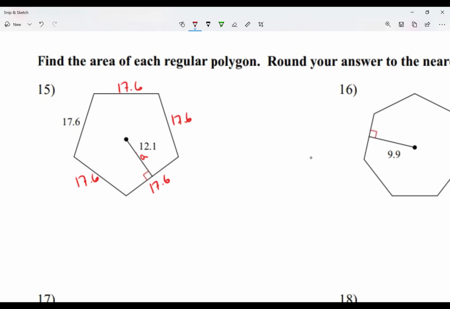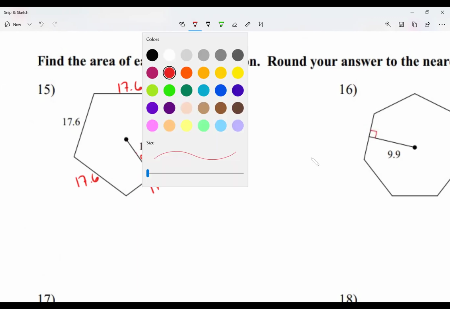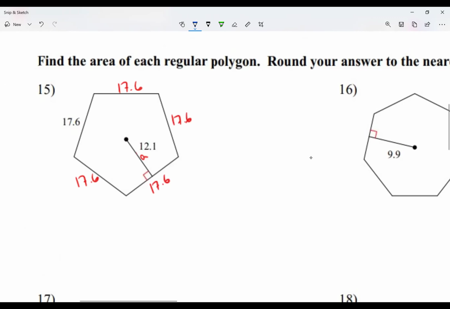Why? Because check this out. Let me do in blue all my radii. So if I connect the center to a corner, that's a radius. From the center to another corner, to another corner, to another corner, and to another corner here. Now, what do you see? What do you see that I just did?